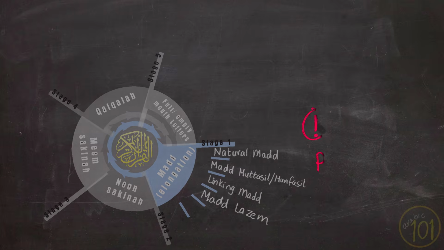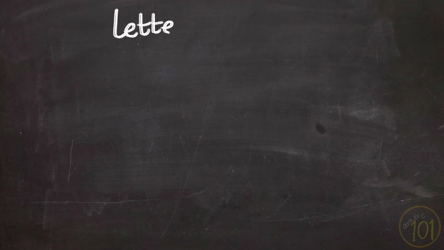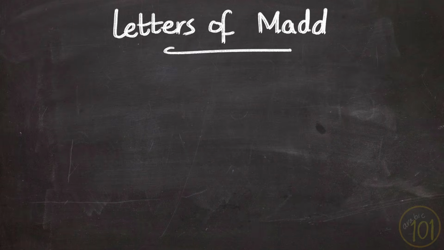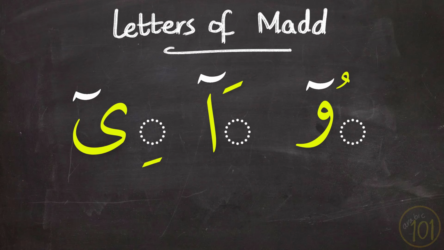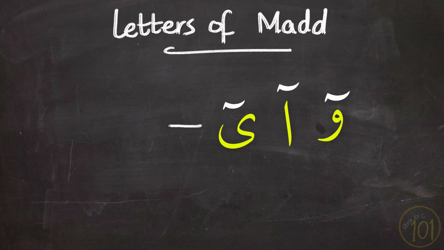So let's get started. Previously, we learned that the letters of med are waw, alif, and ya, and they receive natural med if they were preceded by a short vowel of the same nature. And they are extended even longer for 4 or 5 harakat if a hamza came after them.